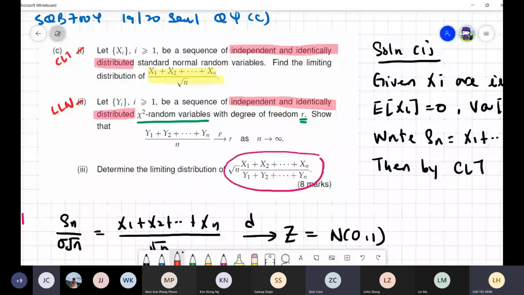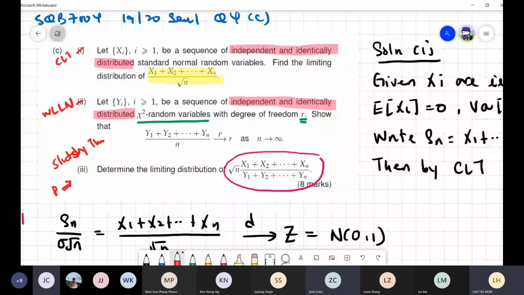Part 3 is not difficult. We are using this as well as Slutsky theorem, and also applying that convergence in probability implies convergence in distribution.